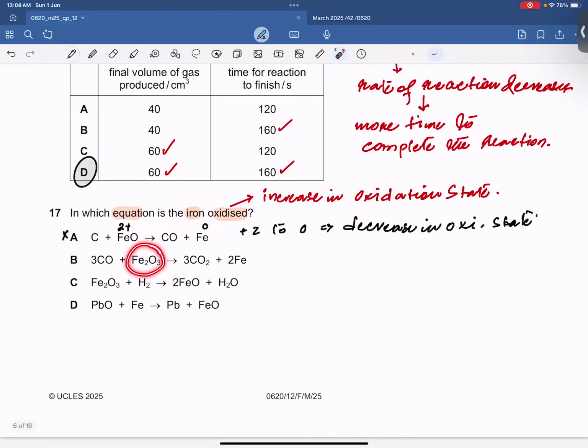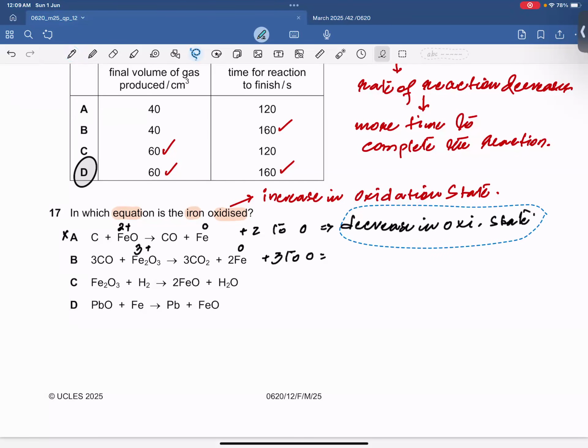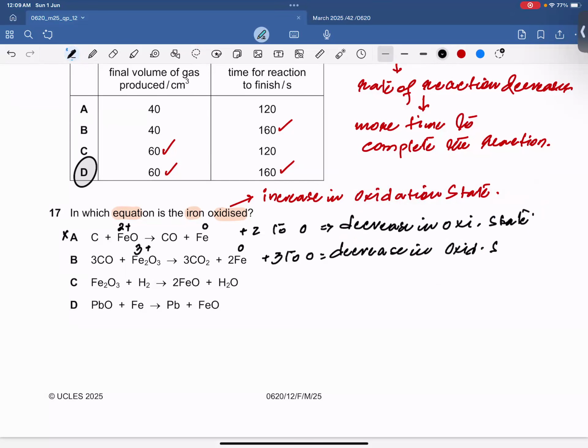In Fe2O3, the oxidation state of iron is 3+. Over here, it is 0. Again, it is +3 to 0. That means it is also a decrease in oxidation state, and therefore, it is also wrong.